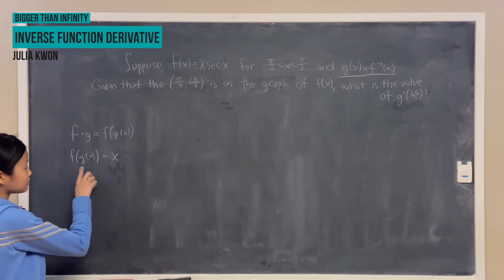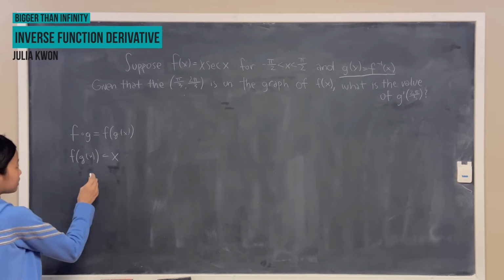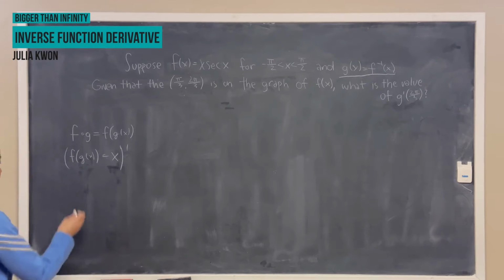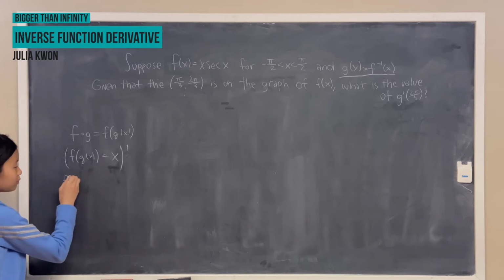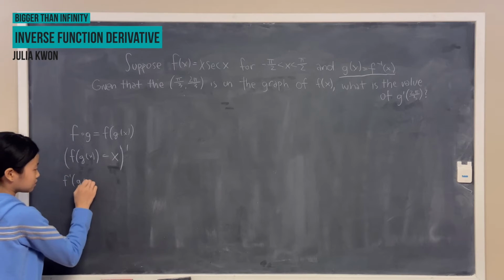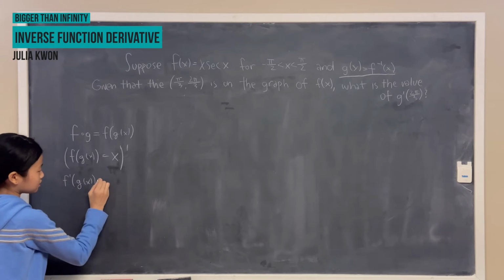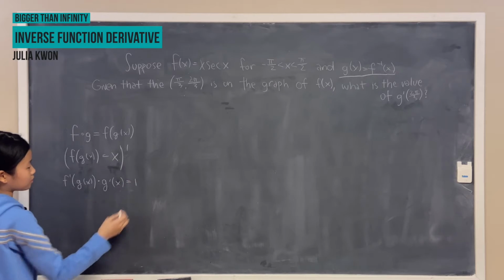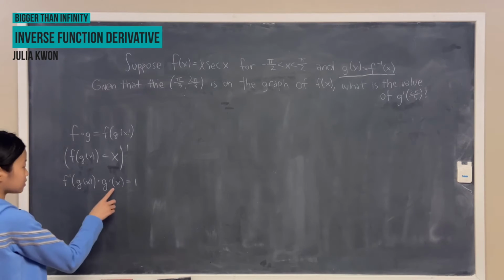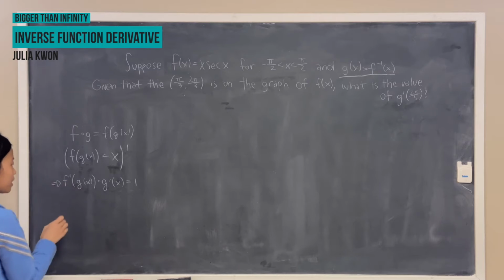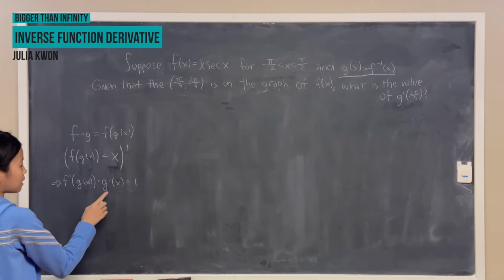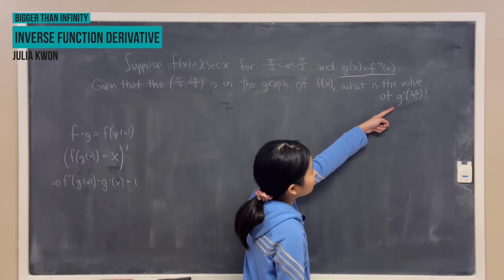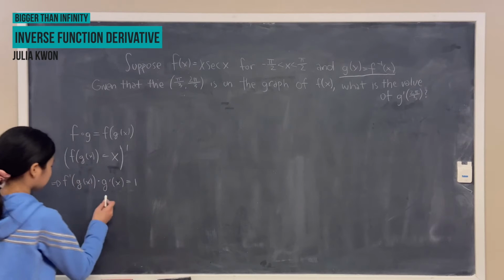So now this is equal to x, so if we take the derivative on each side, then using the chain rule, f prime of g(x) times g prime of x is equal to 1. So now we can put in x equals 2 pi over 3, since we're trying to find g prime of 2 pi over 3.